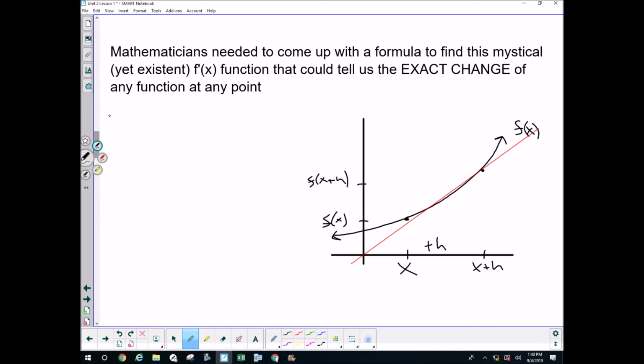Okay, the slope between these two points would be y2 minus y1 over x2 minus x1.